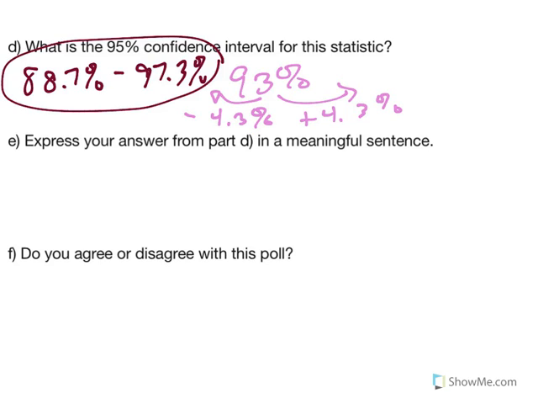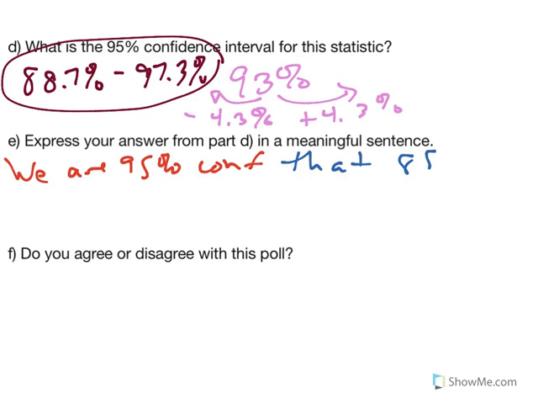So if I want to use that in a meaningful sentence, once again, you go back to your Mad Libs. How do you start? We are 95% confident that 88.7% to 97.3% of who? Of college students.